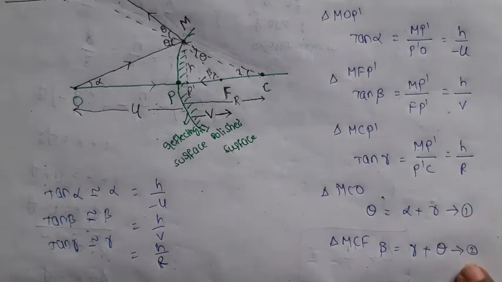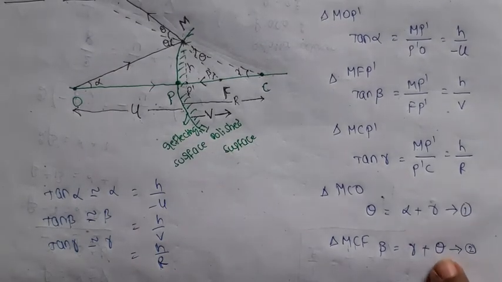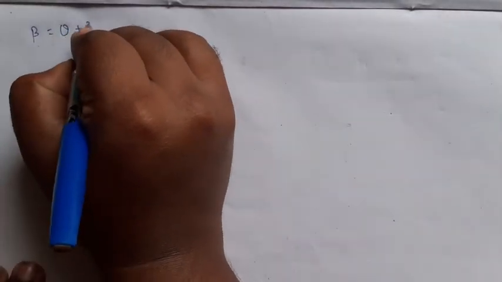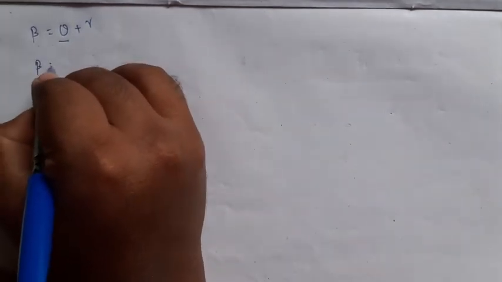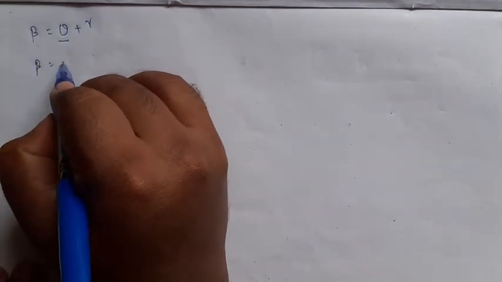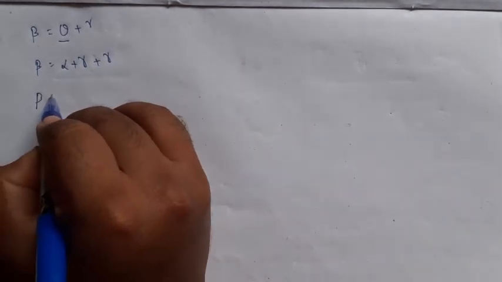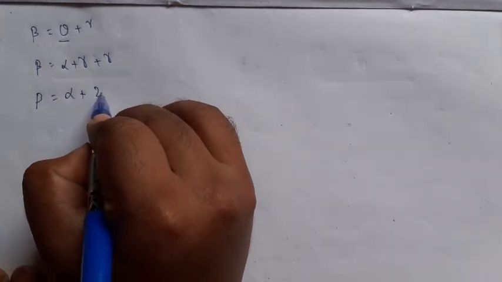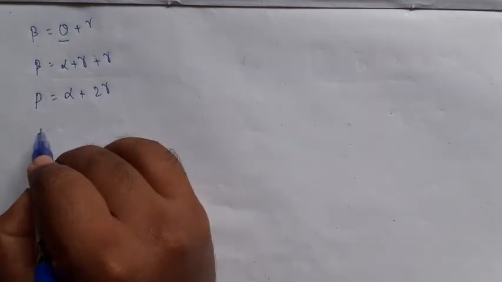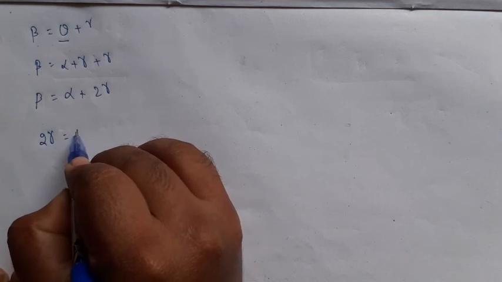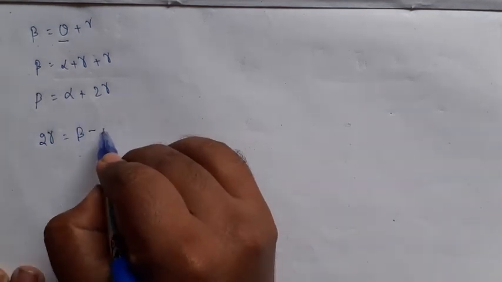Substitute equation 1 in equation 2, where theta equals alpha plus gamma. So beta equals theta plus gamma, which gives beta equals alpha plus 2 gamma. So 2 gamma equals beta minus alpha.